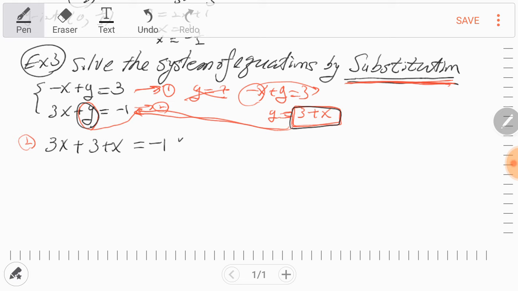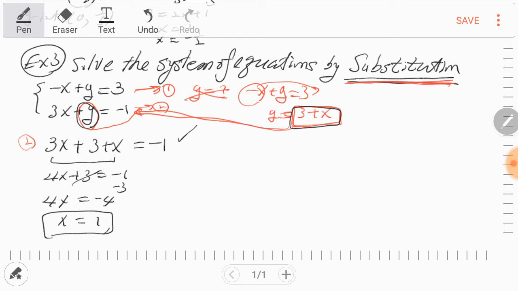And finally, this equation has only one variable x, so we can solve for x. So combine the like terms for x, plus 3 equals negative 1, minus 3 each side, then negative 4, divide each side by 4, so x equals 1. So we found the value of x, and then we can find the value of y from equation 1 or 2, it doesn't matter.